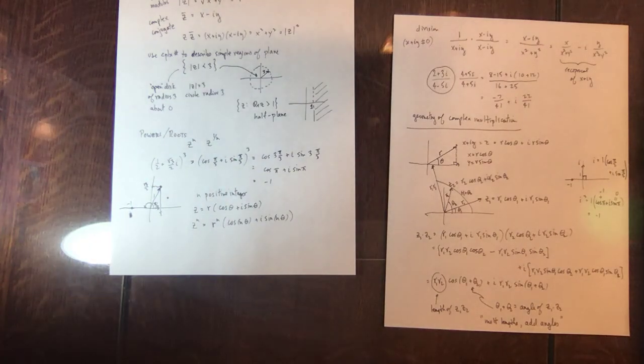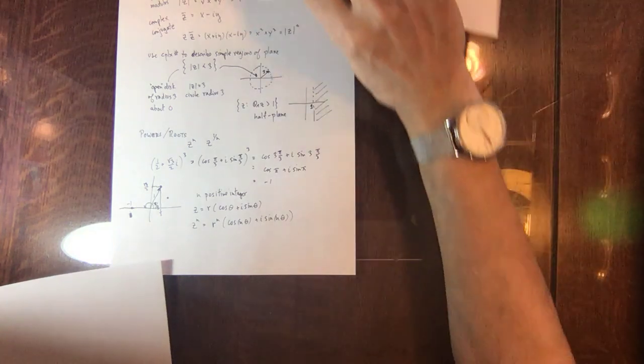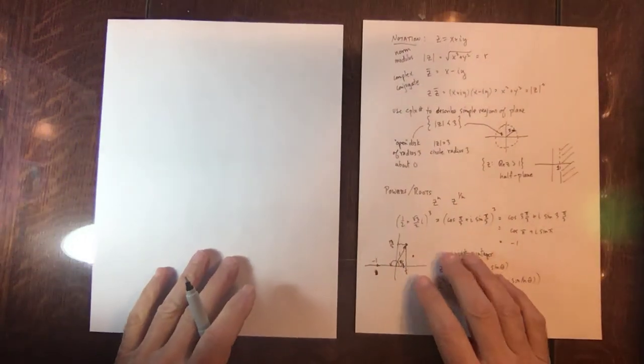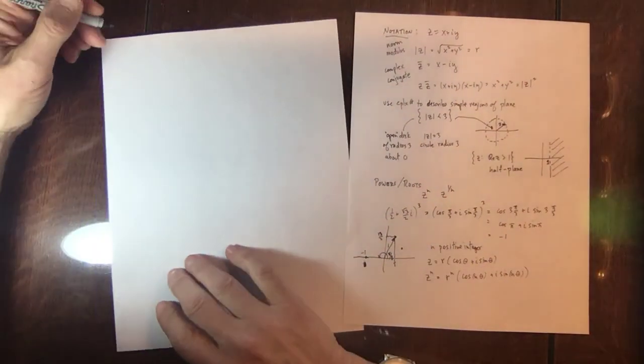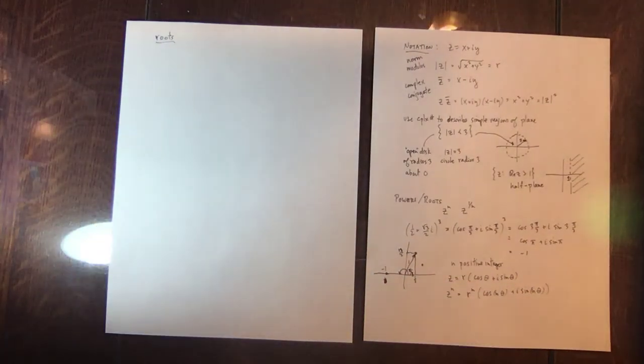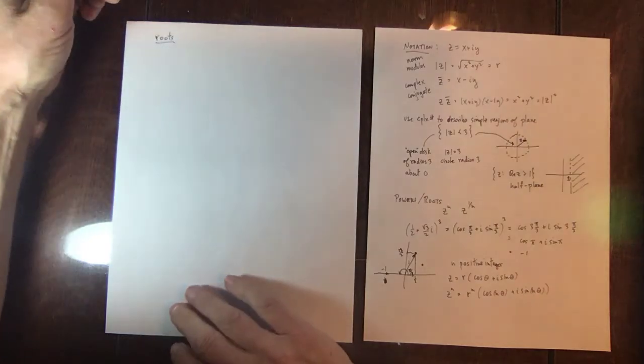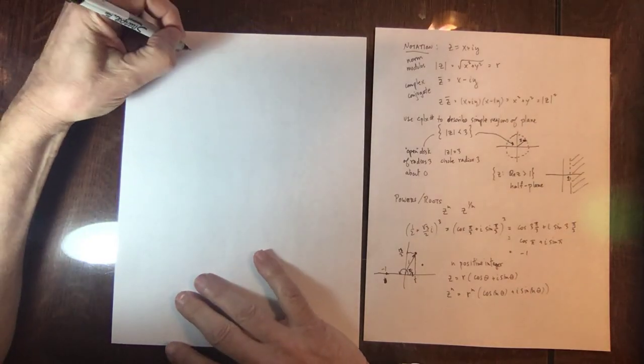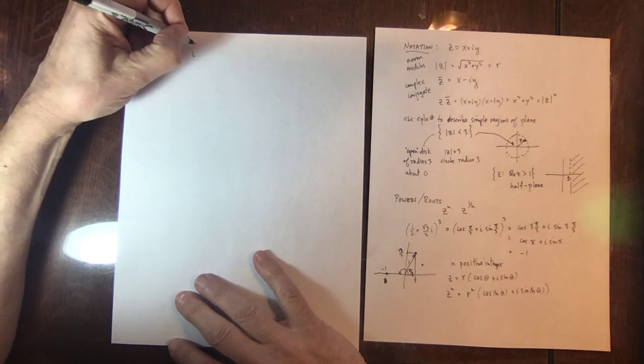Okay, but now what about roots? So roots are a little more interesting. So let's try to calculate some kind of root. Let's say calculate, for instance, what's the cube root of i?